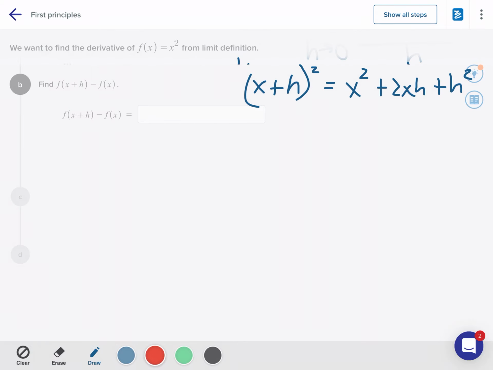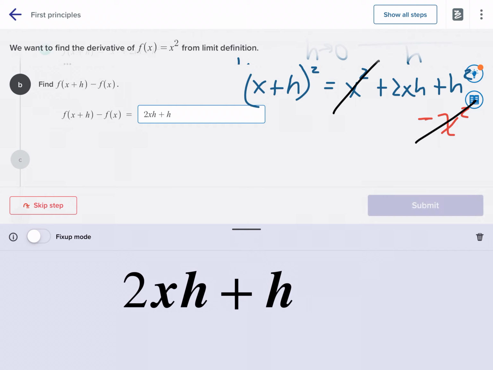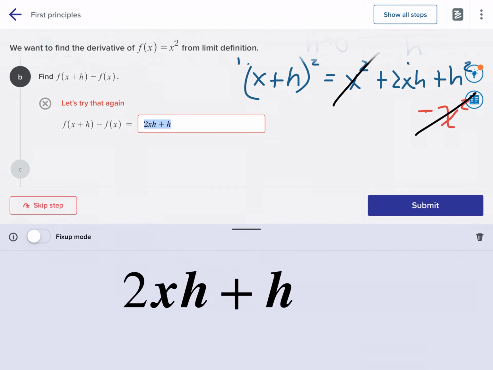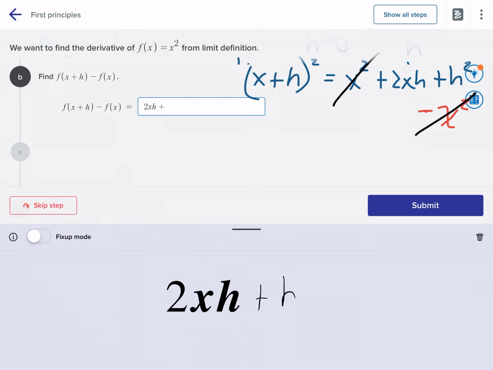So up here, this is going to be minus x squared. And look, you will generally always have some sort of subtraction. So 2xh plus h squared.